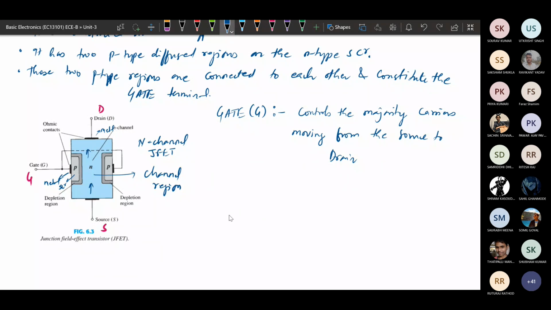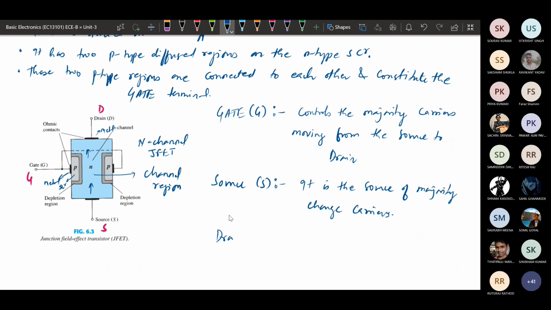So the role of the source is to provide the majority charge carriers.